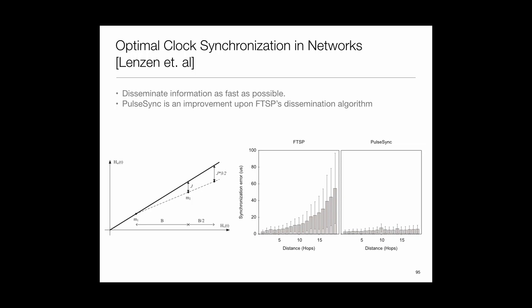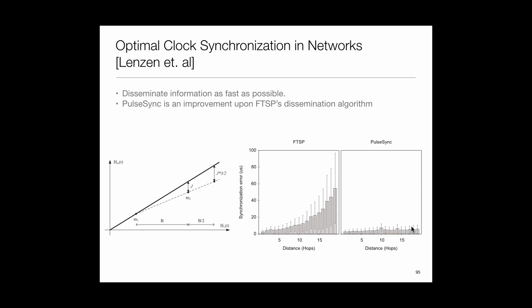They play some games so that instead of packet by packet as you're moving from hop to hop, time information just seeps through in one go. The main advantage is that if you do things faster, then the drift effect lowers, and so in FTSP, as the distance was increasing, the synchronization error was getting worse like this, whereas with their scheme it grows a lot slower.